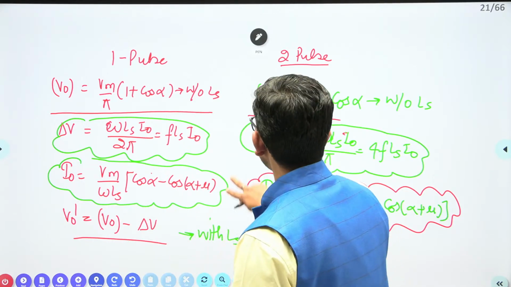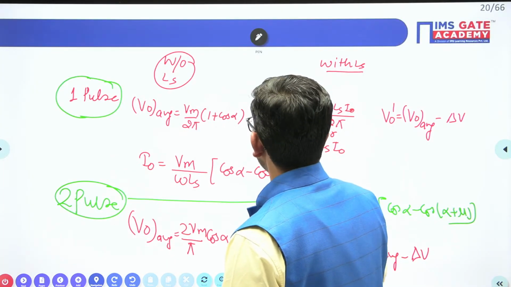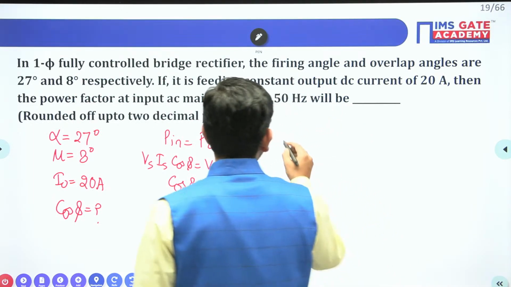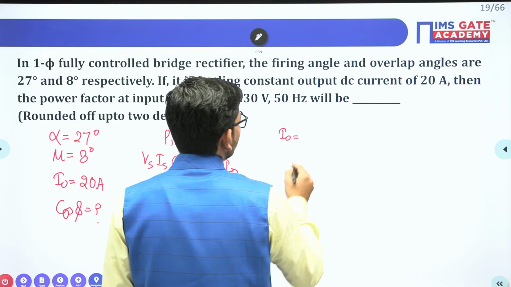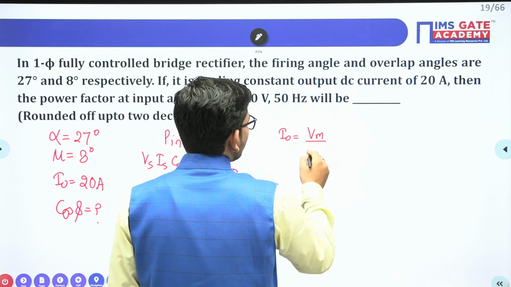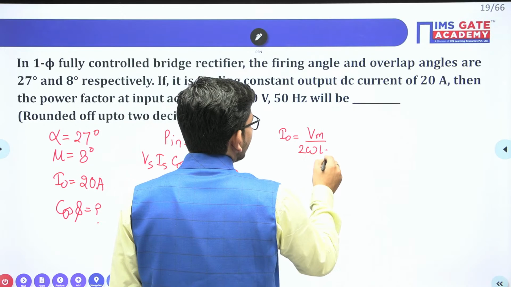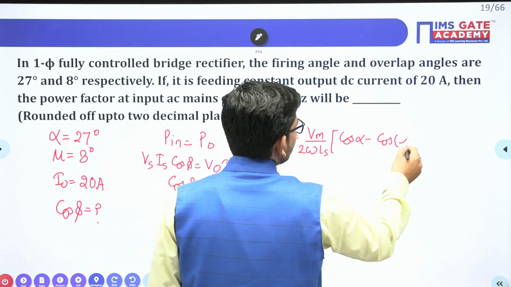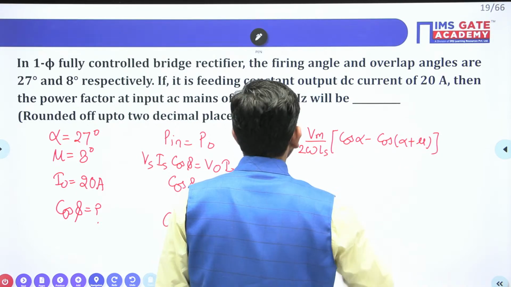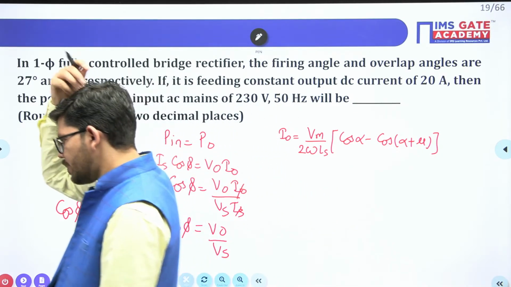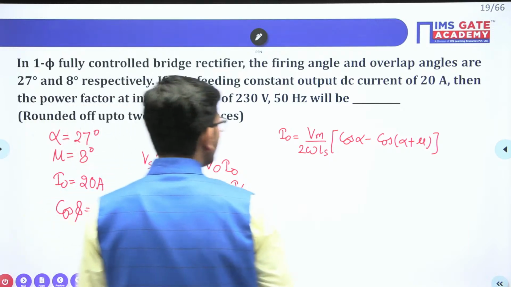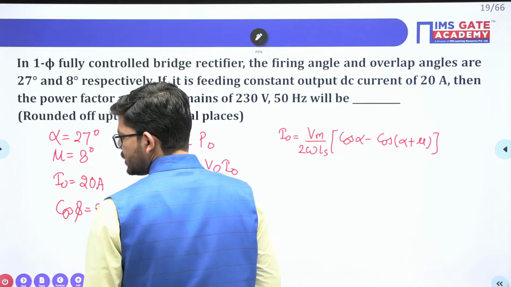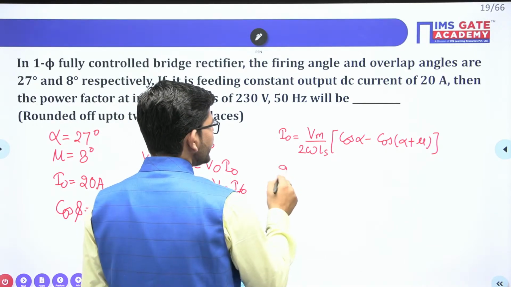Now coming back to our question. Since this is a 2 pulse converter, we can apply the formula Vm by 2 omega Ls into cos alpha minus cos alpha plus mu. From this expression, the only unknown is Ls, because I naught is given to us as 20 ampere.